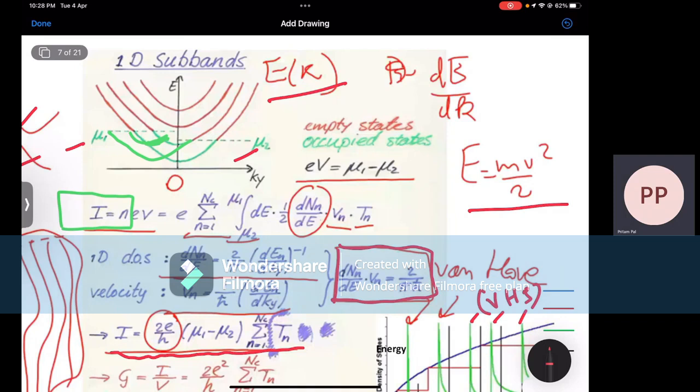So the current is proportional to the difference in the chemical potentials. The larger the difference, the more electrons can go across, and that's why the current grows. Then this constant is multiplied by the sum of all the transmissions. So conductance is given by this.